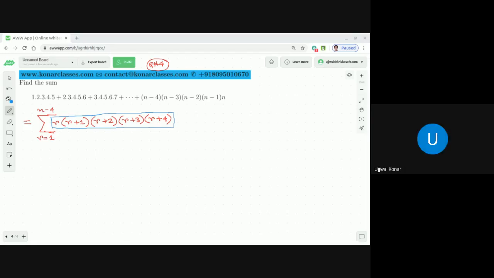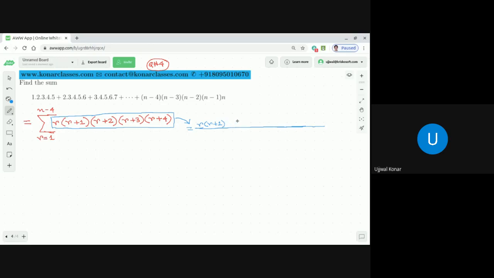So this expression is r into r plus 1 into r plus 2.